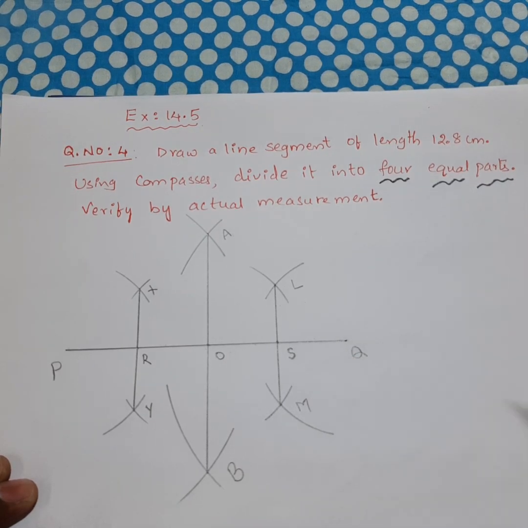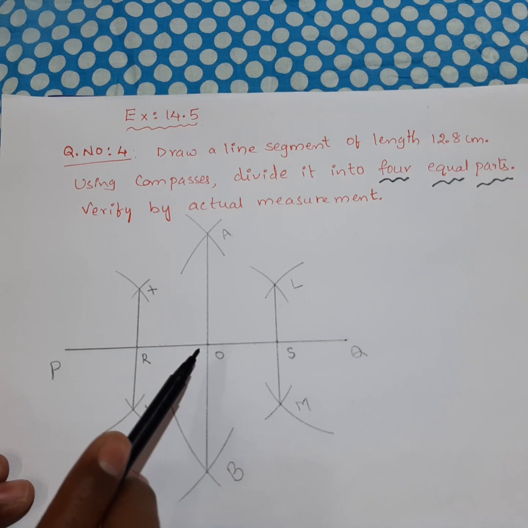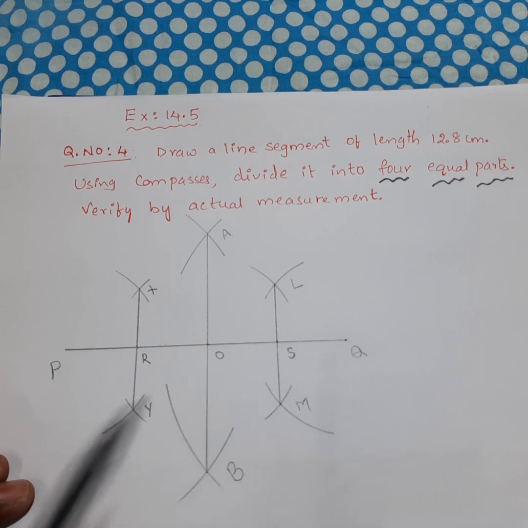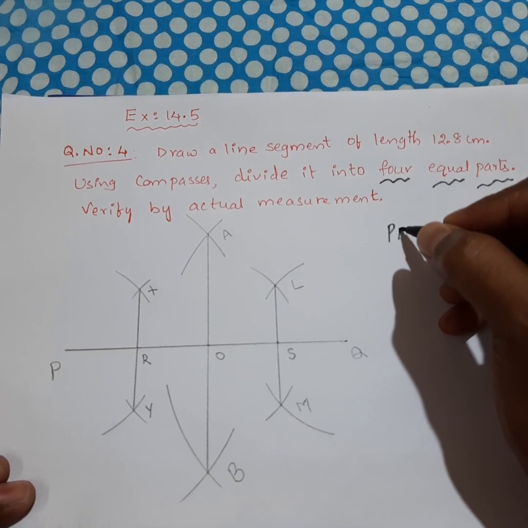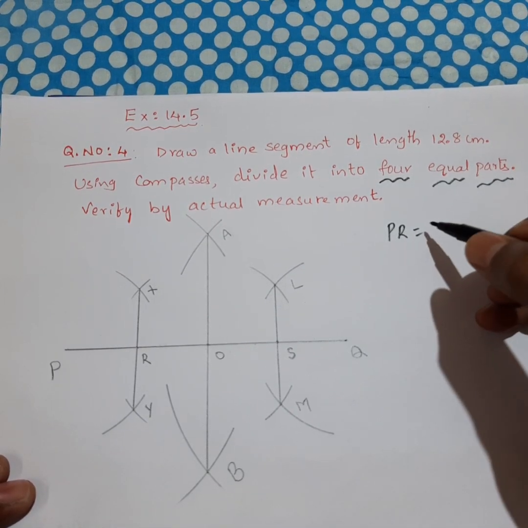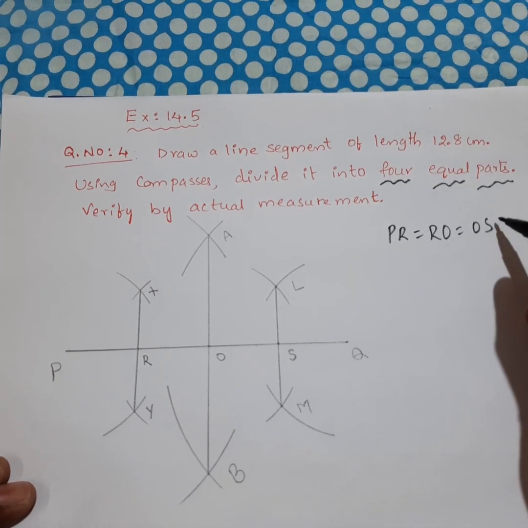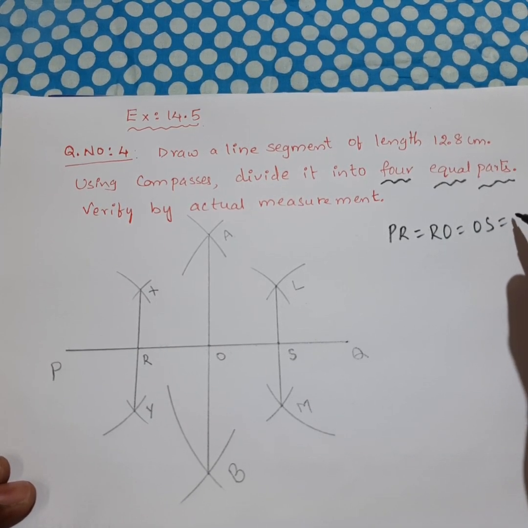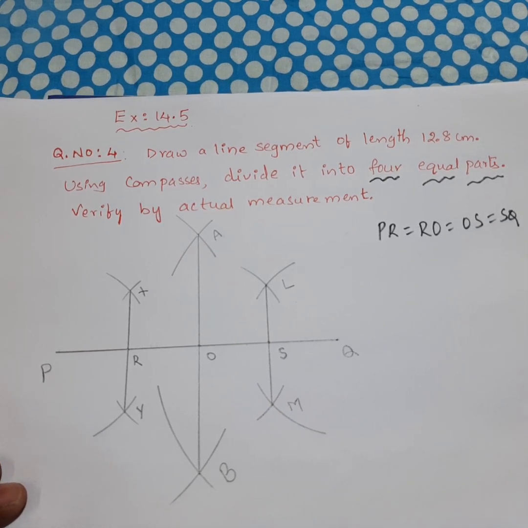That is, the lengths PR, RO, OS and SQ are equal. That is, PR is equal to RO is equal to OS is equal to SQ. We need to measure. All these 4 lengths must be equal.